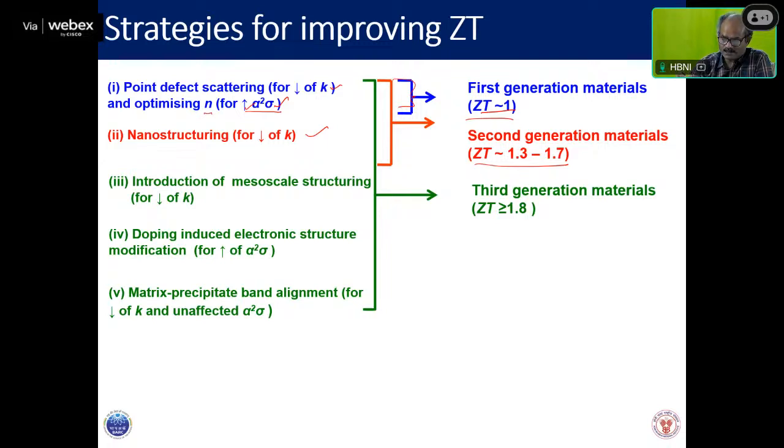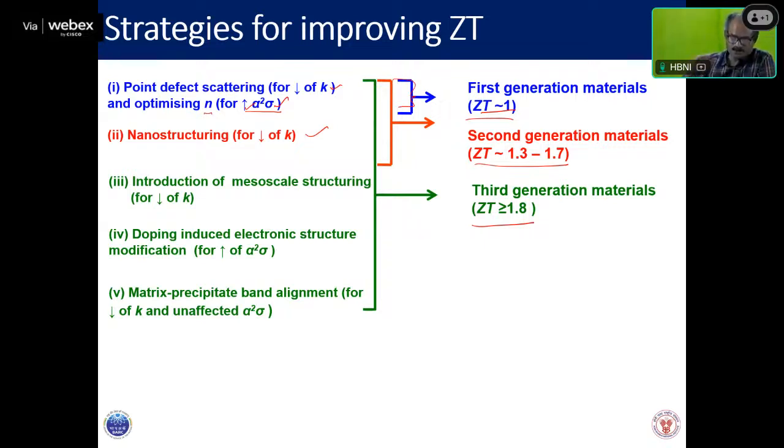In third generation materials, where ZT is even higher, nearly 2, there is introduction of mesoscale structuring that reduces thermal conductivity, and then doping. So doping induced electronic structure modifications.